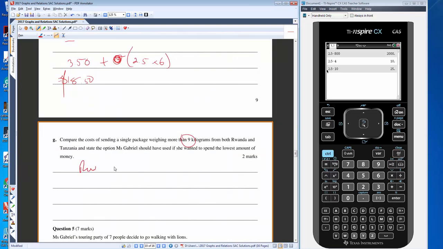So Rwanda, $14, and Tanzania would have been 9 times 2.5, I think. 9 2s are 18. Rather than do that in my head, I'll jump over here. 9 times 2.5 equals $22.50. And obviously then there's a price difference there of $8.50 cheaper in Rwanda.